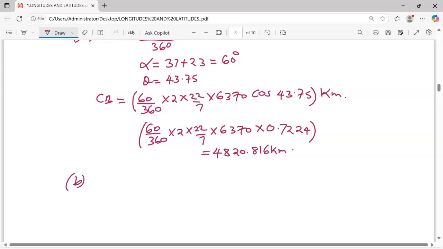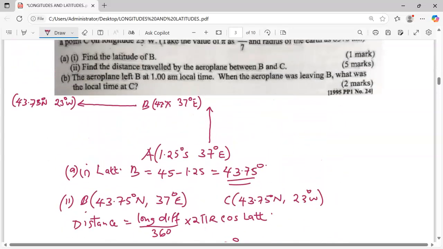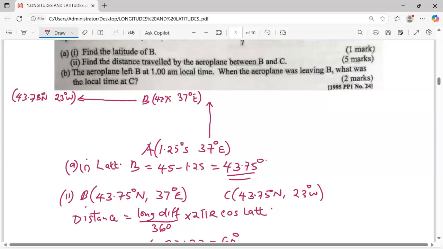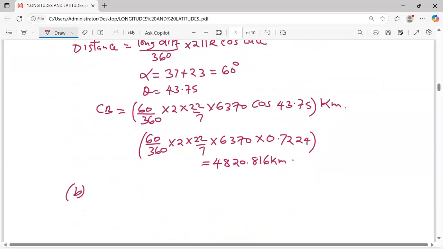Once we have done that, we move to part B of the question. Part B says, the aeroplane left B at 1:00 a.m. local time. When the aeroplane was leaving B, what is the local time at C? We can still draw this or represent it in form of a number line.